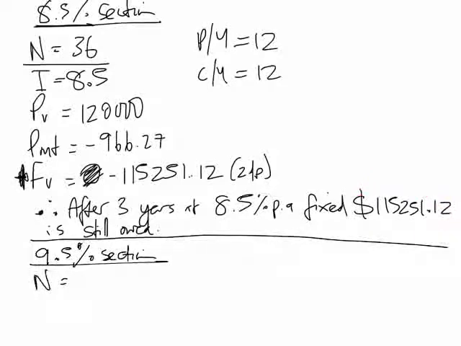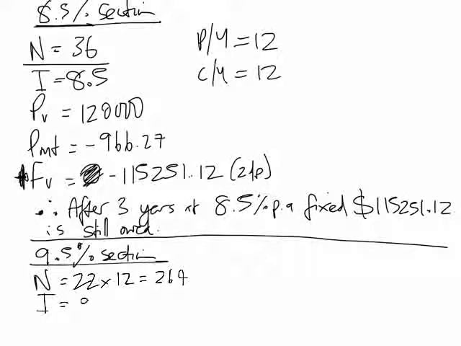So we've already done 3 years for the N. So what's remaining of the 25 years? Well, it's going to be 22 years, and you're making 12 payments a year. So it's going to be 22 times 12, 264 this time for the remainder of the loan.